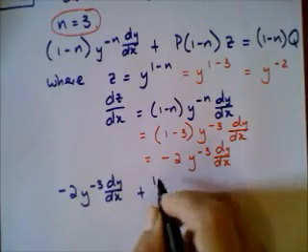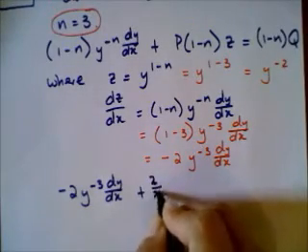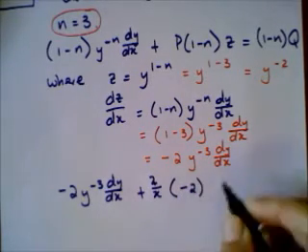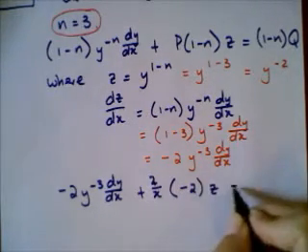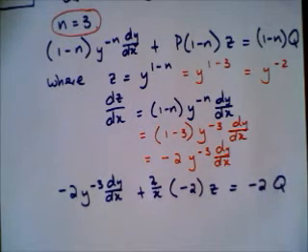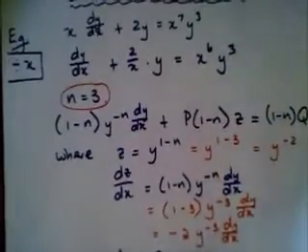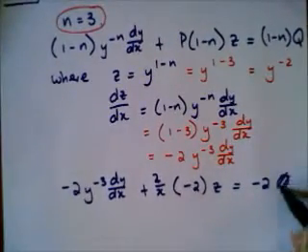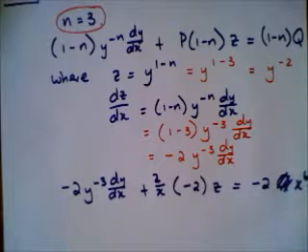So we'll say 2 over x times minus 2, z equals minus 2 q, and q in this case is going to be x to the 6. I actually don't have to write q there. You can say x to the 6.